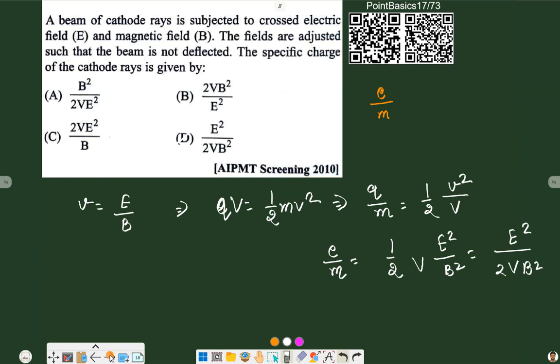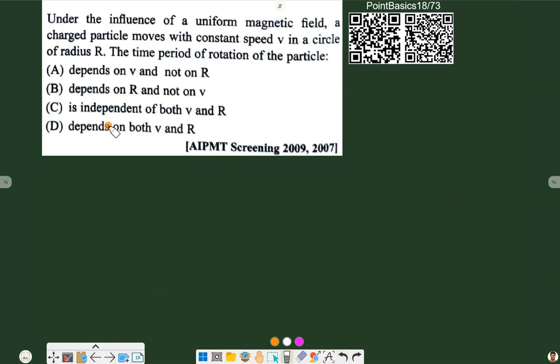Moving to the next one. Under the influence of uniform magnetic field, a charged particle moves with constant speed v in a circle of radius r. Time period of the rotation of the particle. So the formula for time period is 2 pi m by qB. So it is independent of velocity. So depends upon velocity, that is wrong.